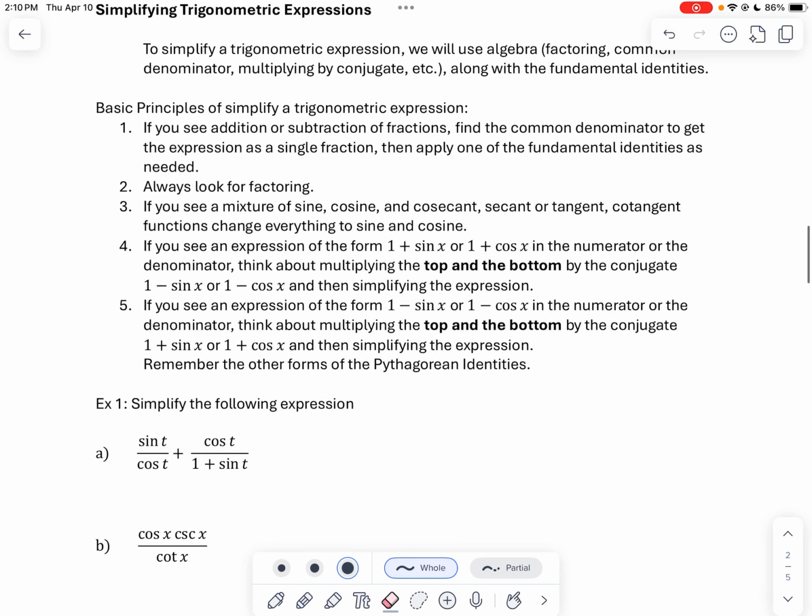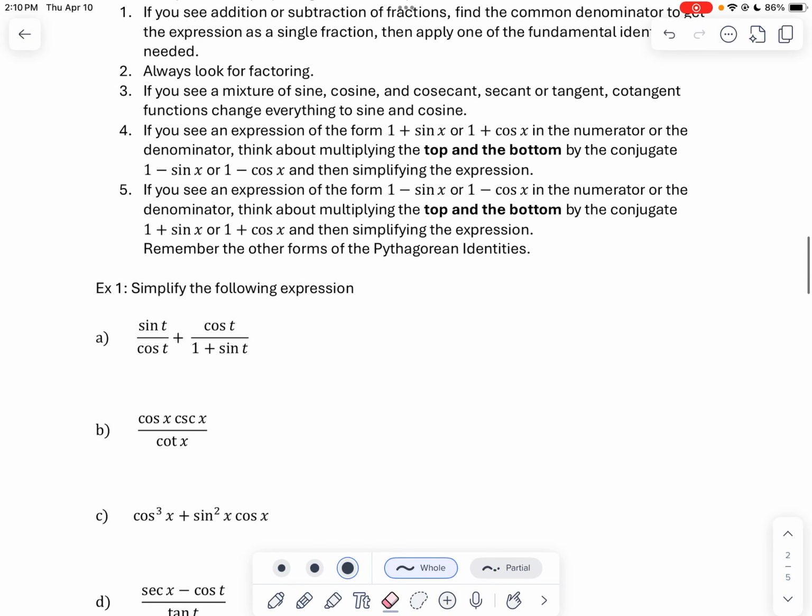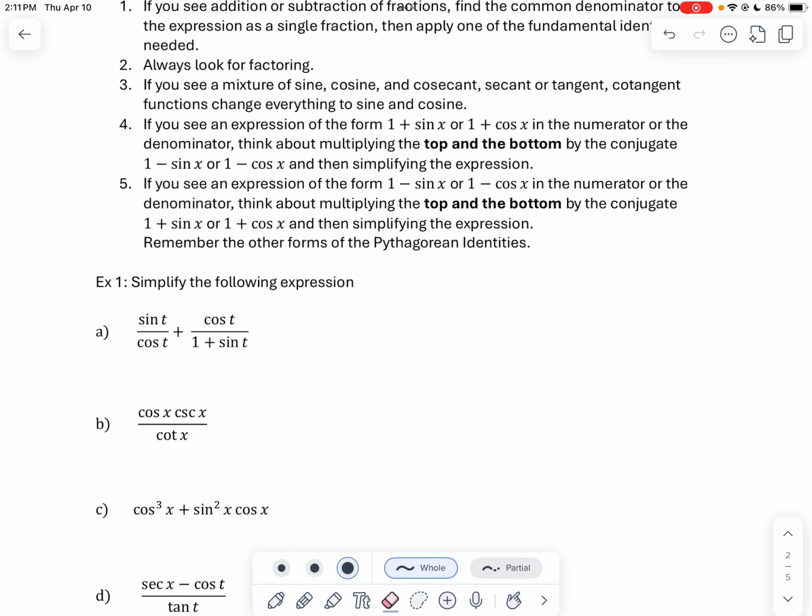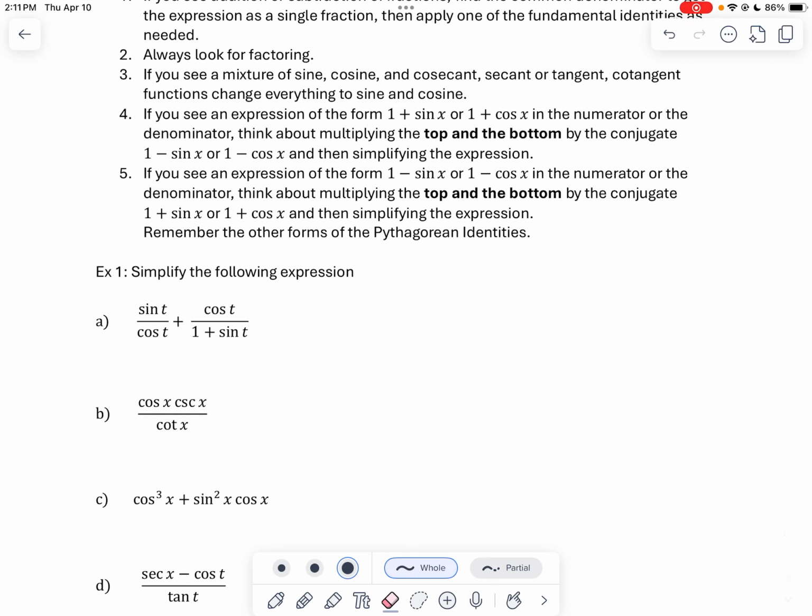So let's look at some examples here. It says simplify the following expression. Looking at this one, can you see there is an addition of fractions? Now we cannot simplify any of these separately, right?